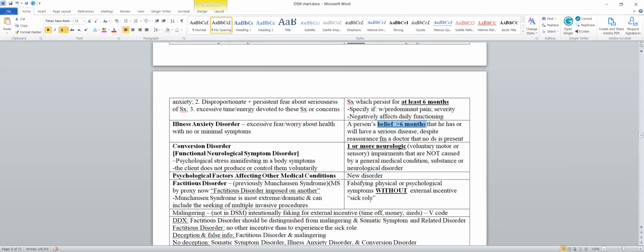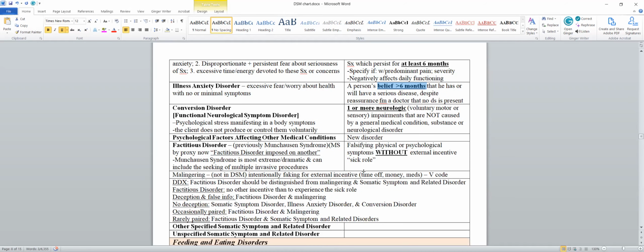So factitious disorder is falsifying physical or psychological symptoms without external incentive. They are in the sick role. Just think of sick role. They are not doing this for external incentives.